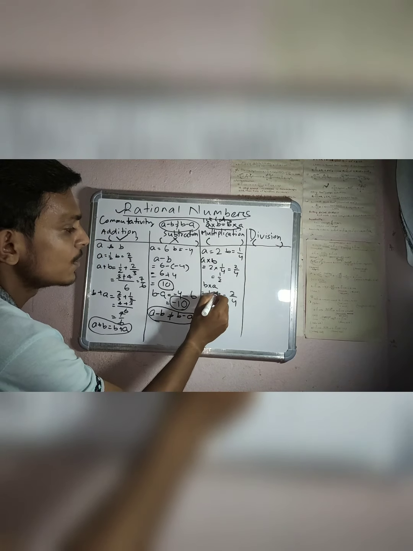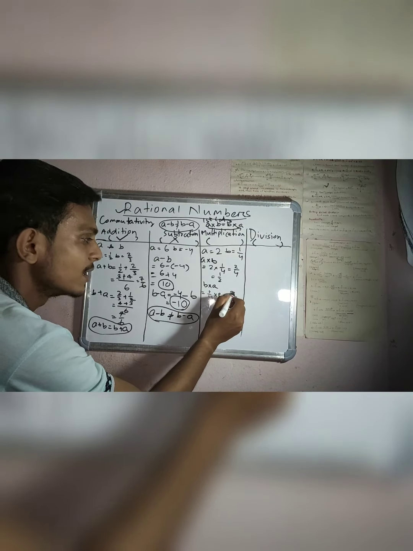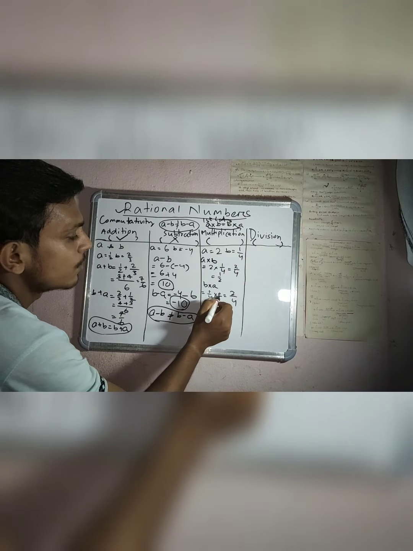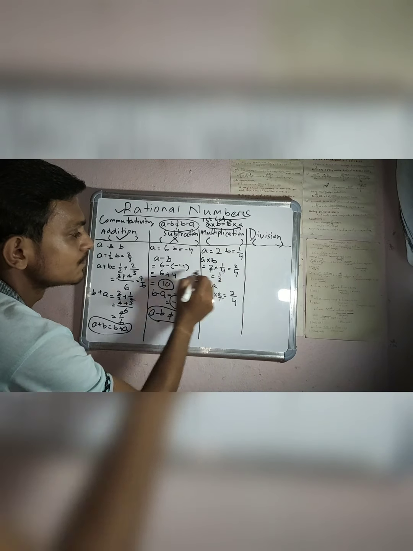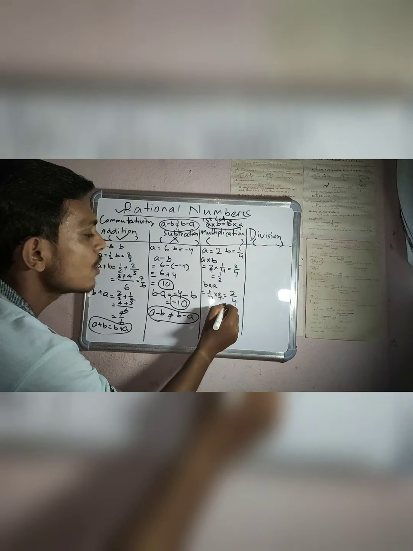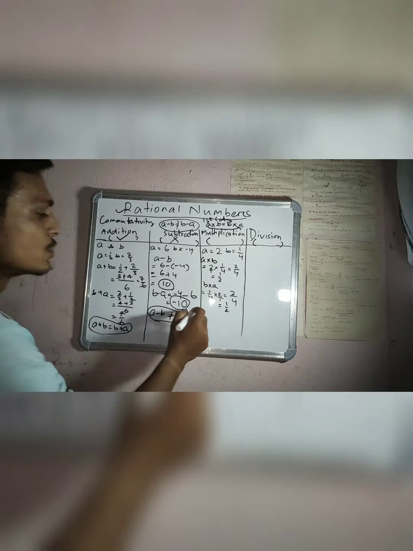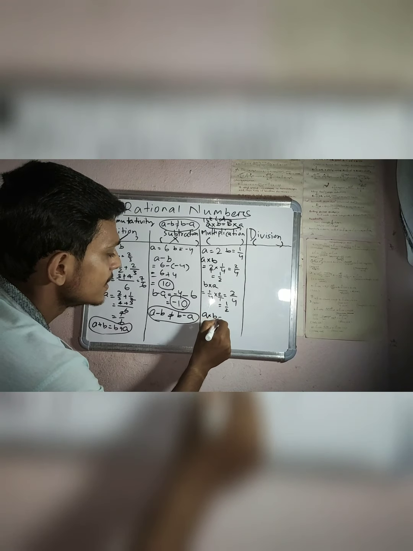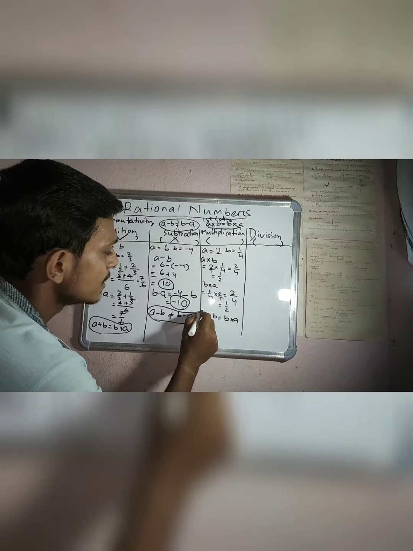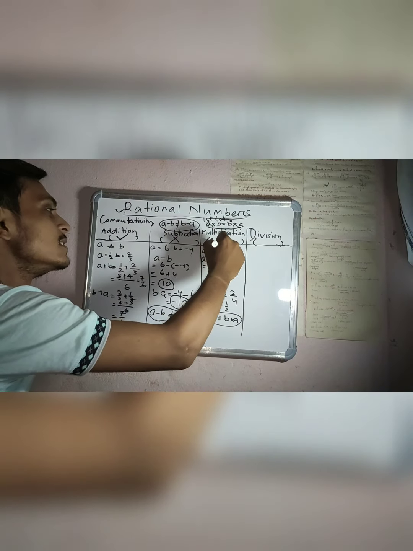That is 2 multiplied with 1, I get 2. Then the lower fraction is 4. So it is also 1 by 2. So a cross b is equal to b cross a. So multiplication is commutative in nature for rational numbers.